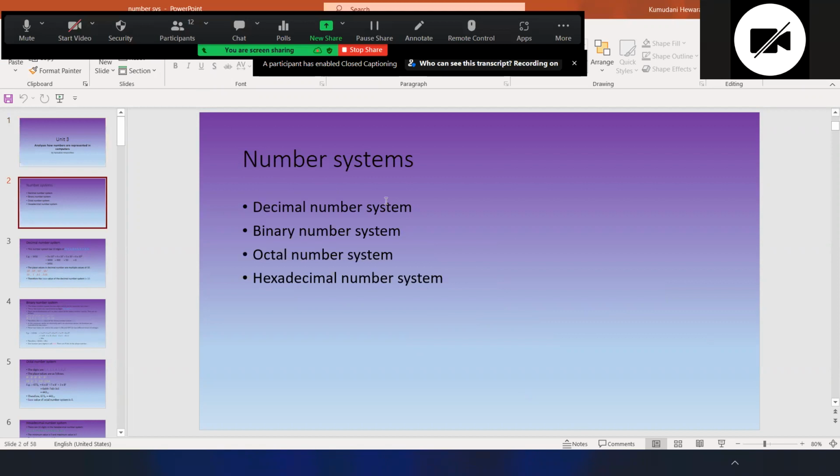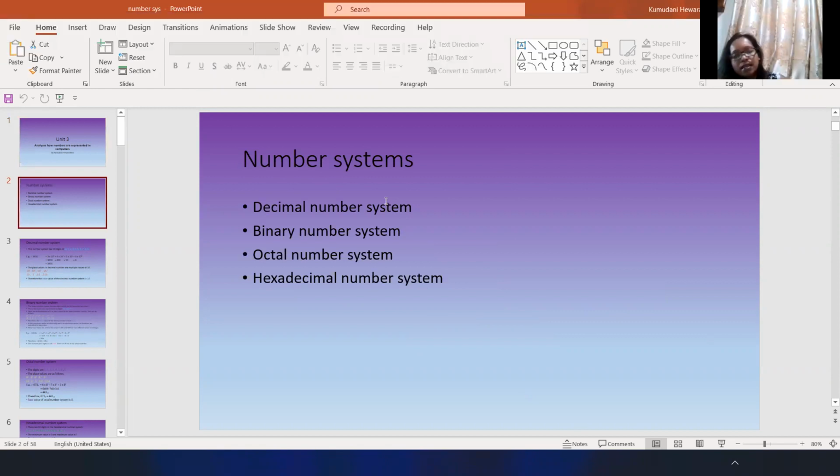Now, under this lesson, we have to discuss 4 number systems: the decimal number system, binary number system, octal number system, and hexadecimal number system. Those who have done the O-level ICT, maybe they have done all of these conversions.